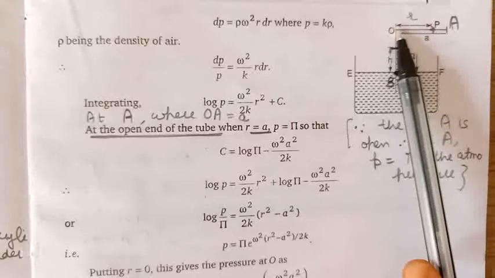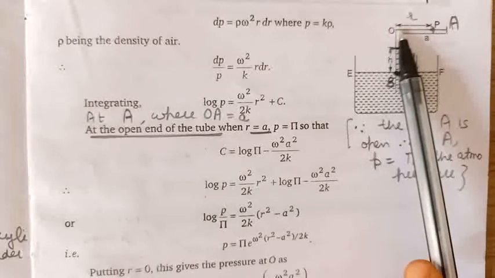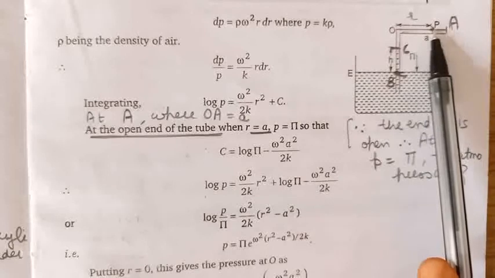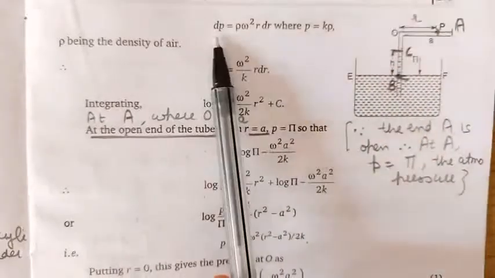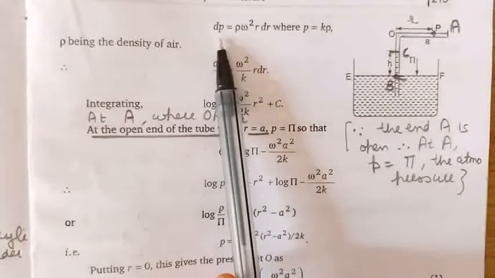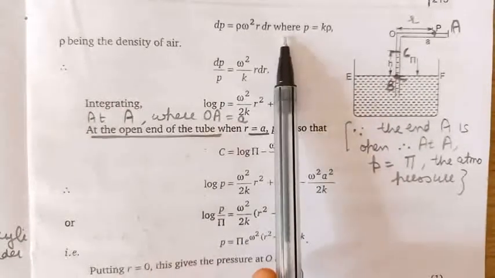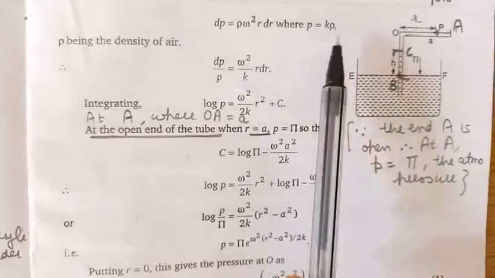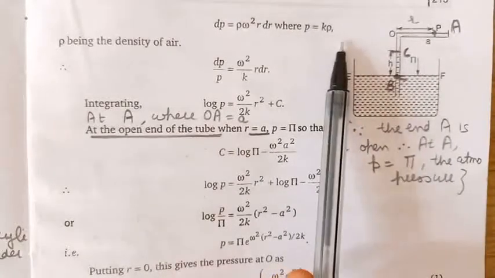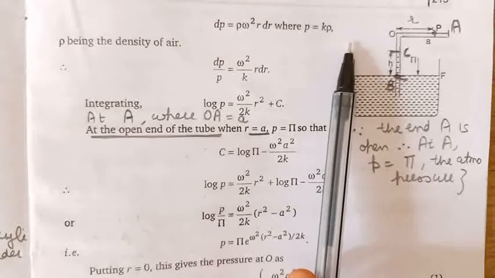Now let us find the value of pressure of the air at this point. So that is given by the formula dP is equal to rho omega square r dr. Here pressure is given by K into rho. Rho is the density of the air.